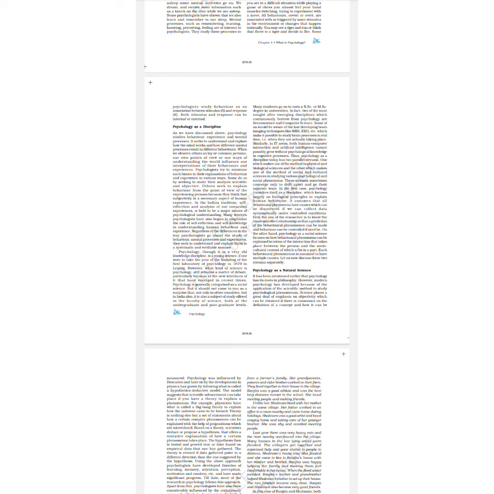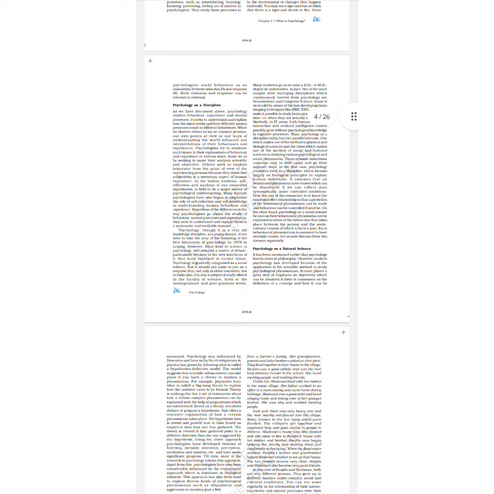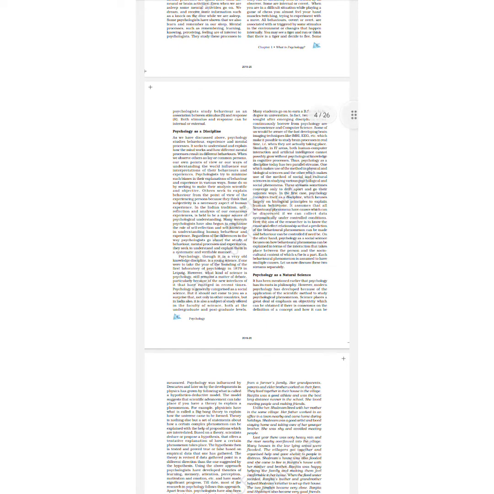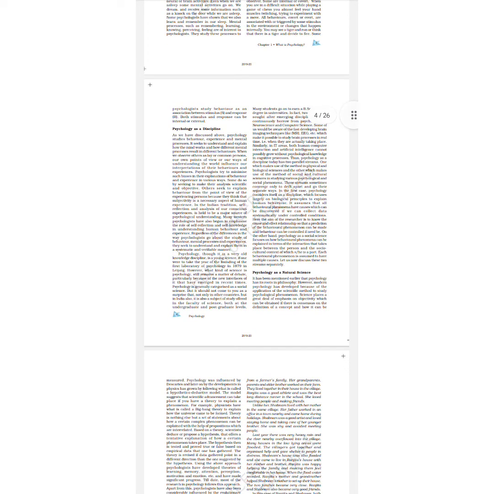Now there are two parallel streams. Psychology as a discipline today is considered to have two parallel extremes: it is an art, included in humanities, and it is also included in science, isn't it? As a science, it focuses largely on the biological principles which explain human behavior, that is, what is happening inside and creating change in our behavior.